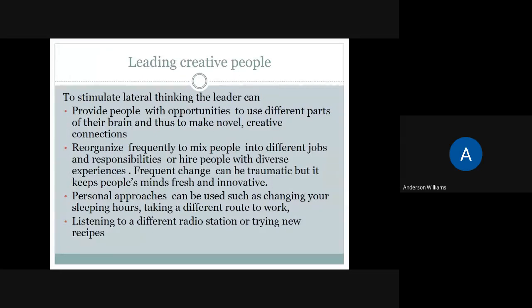Next slide. To stimulate lateral thinking, the leader can provide people with opportunities to use different parts of their brain and thus make novel, creative connections. We reorganize frequently to mix people into different jobs and responsibilities, or hire people with diverse experiences.